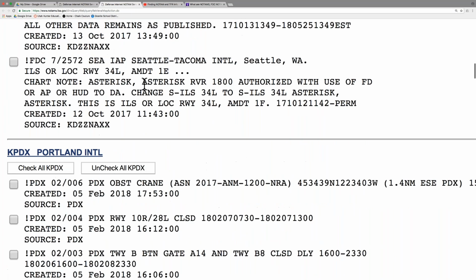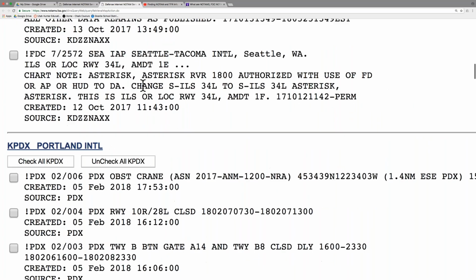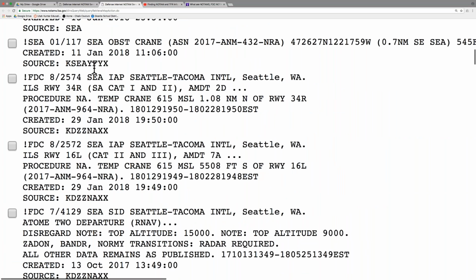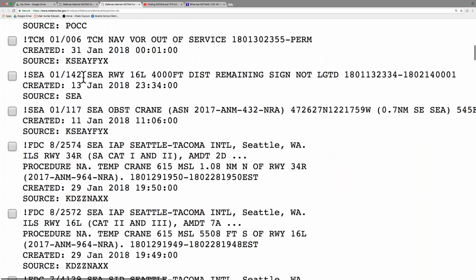So we've talked about the D NOTAMs. Let's talk really quick about the FDC NOTAMs. So we said that the FDC NOTAMs are things that are directly affecting some part of our approach procedure or departure procedure, right? Whether it be the SID, the STAR, the instrument approach plate, something has changed and they're notifying us of something that may affect us.